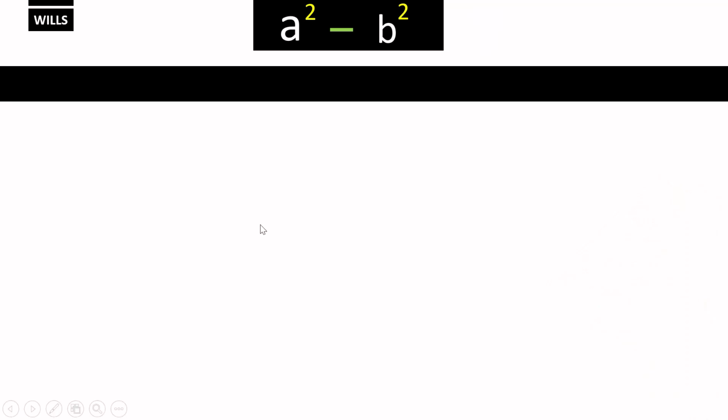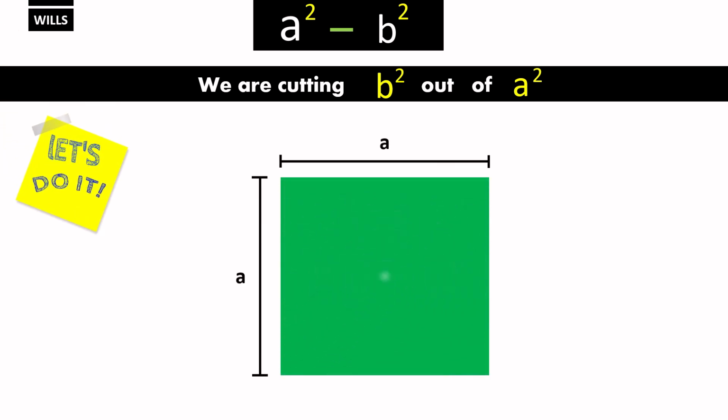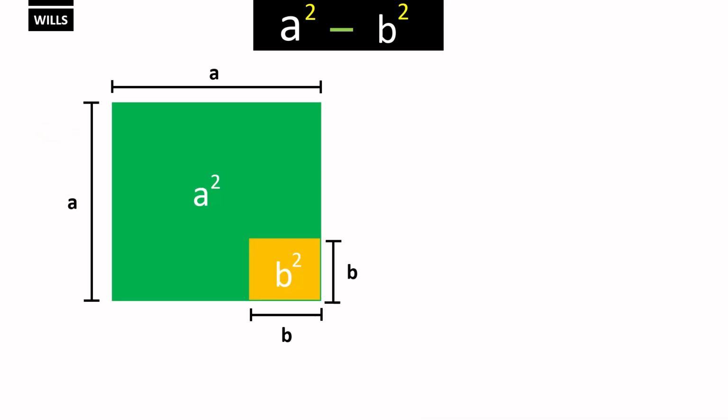Now, by using the diagrams, let's subtract b squared from a squared by cutting b squared out of a squared. Let's do it. So we have our a squared and we are taking b squared out of it. Now let's cut b squared out of a squared and see what will be the answer for a squared minus b squared.